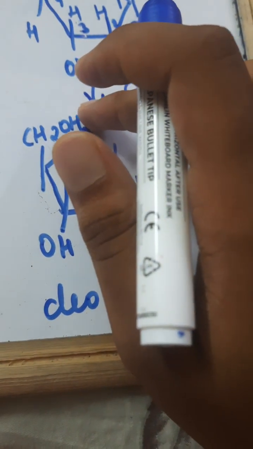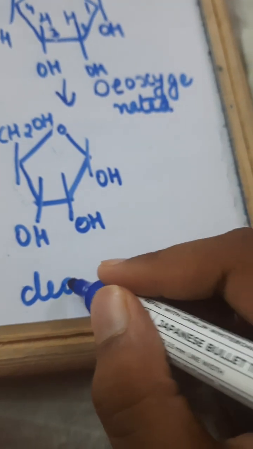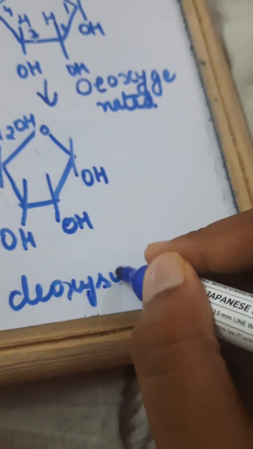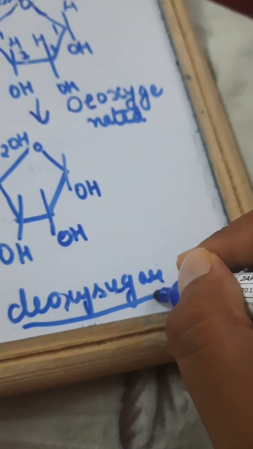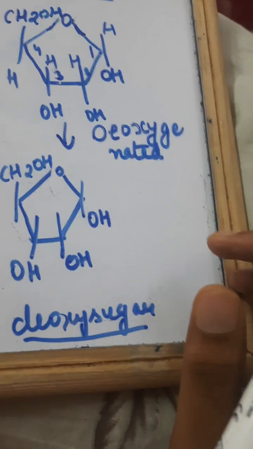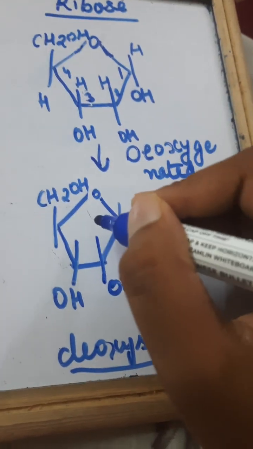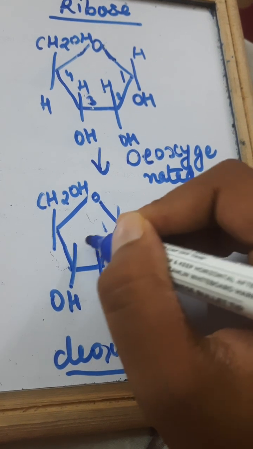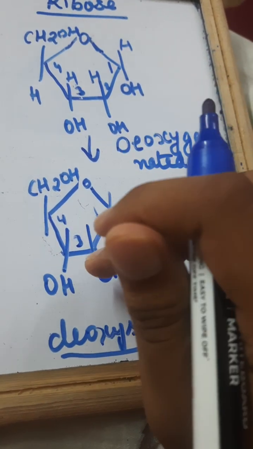Okay, sorry. Deoxy sugar. Am I right? No. Both are the same then. We have to remove the oxygen at the second carbon. Which is the second carbon? 1, 2, 3, 4. This is the second carbon.